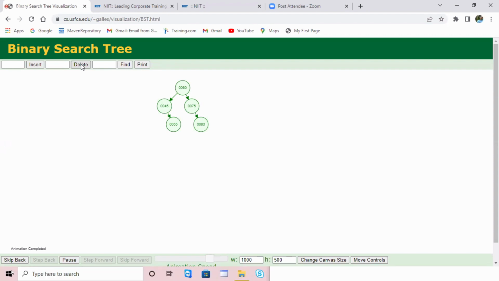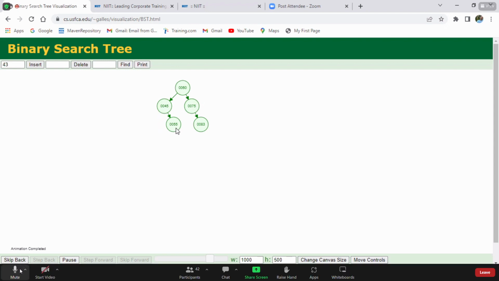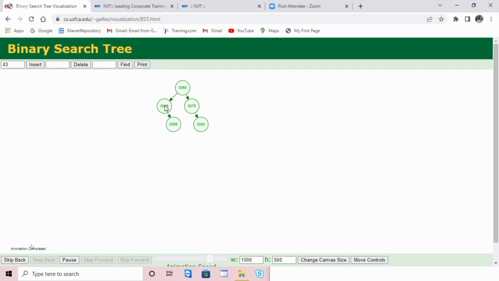Once again, I am going to insert 43. I hope you have seen this screen. 45 has been moved up, or rearranged. Of these two children, the left-hand side child has now become the parent, and the rest of the nodes remain in their own positions.